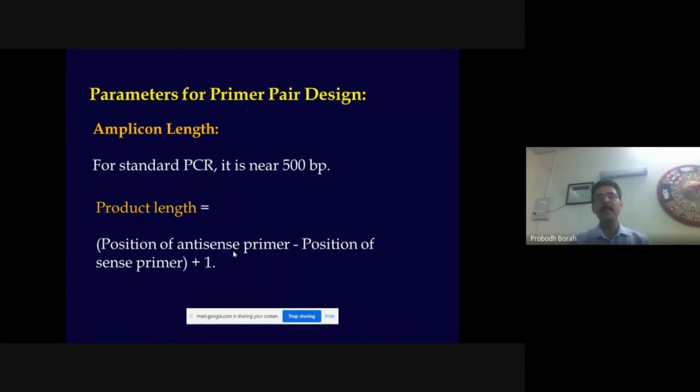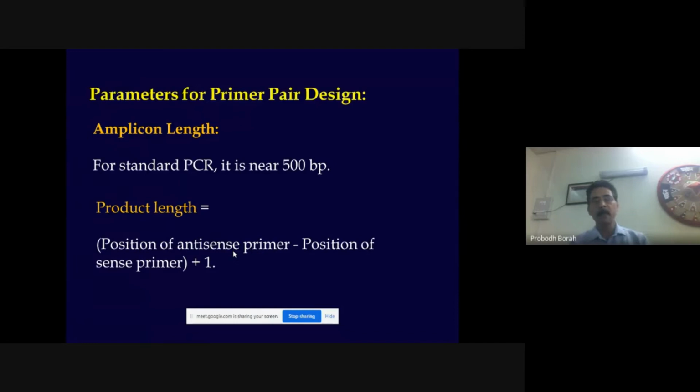But if you want to amplify larger sequences, say sequences beyond 1200 BP or 2000 BP or more than that, then you cannot use the Taq polymerase enzyme. You have to change the enzyme. There are many enzymes which are available commercially, which have higher fidelity. They do not make a mistake, even if they synthesize a very large segment of DNA beyond 2000 BP.